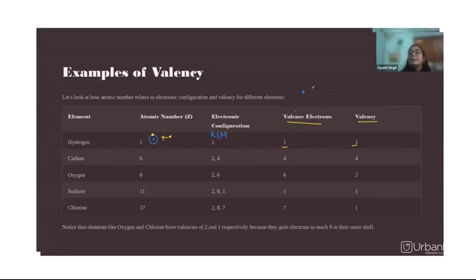Valence electrons are the electrons present in the outermost shell, like suppose 3, or let's take 5. But how many more can it take, or does it have to lose, to gain stability? That is valency. Valence electrons are just the electrons present in the valence shell. I hope it's clear.